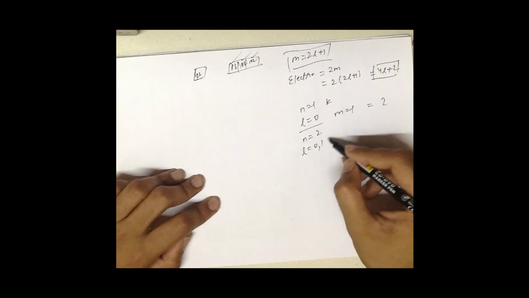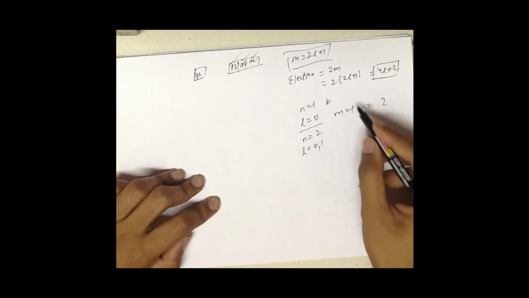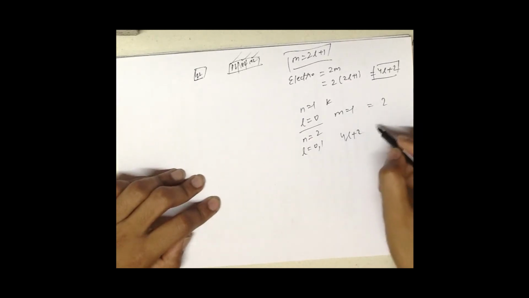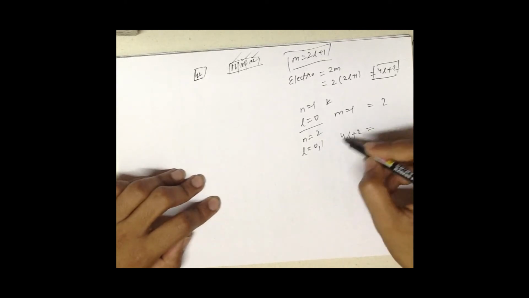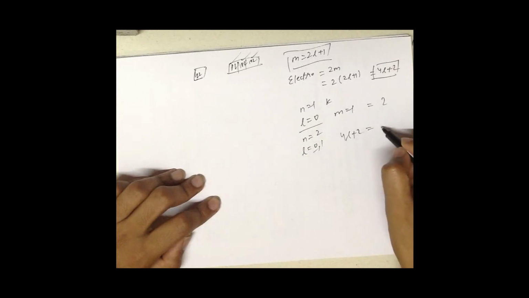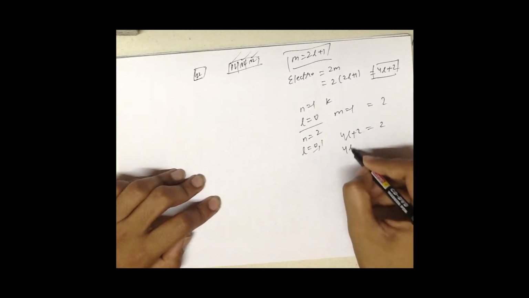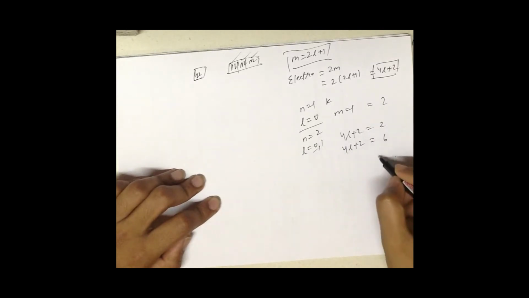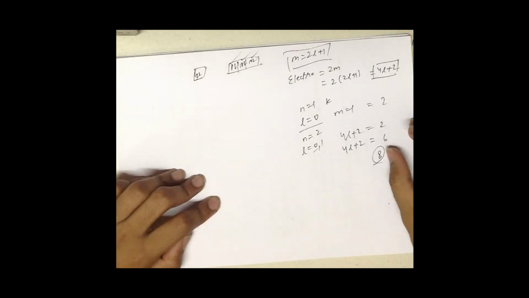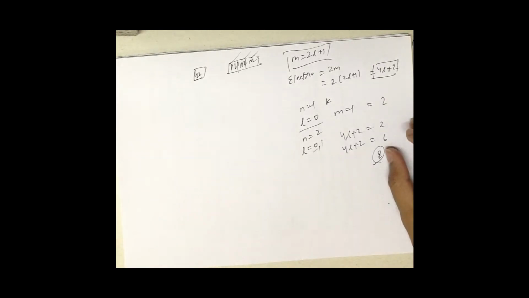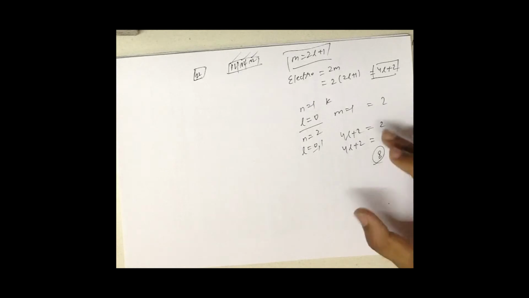So for L 0, 1, we use the formula 4L plus 2. For L equal to 0, it comes out to be 2, and for L equal to 1, it comes out to be 6. So 2 plus 6 is 8. So you can get the values by putting in the values of L.